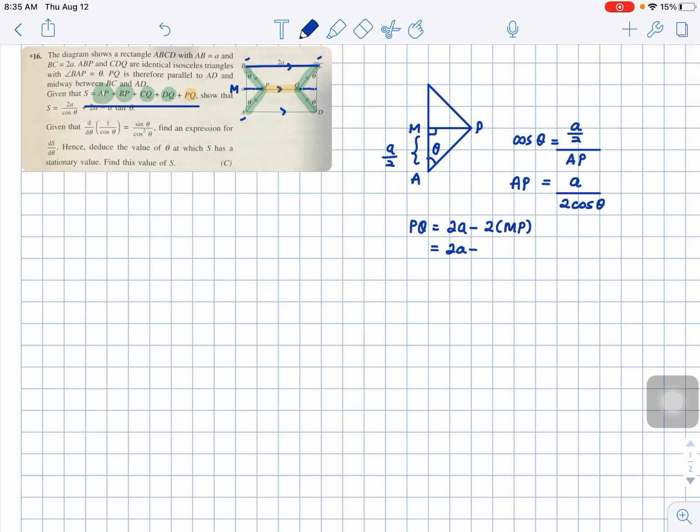So what is MP? Let's write it here. Can you see the MP is technically here? Since you already know AM, then you can use tangent.